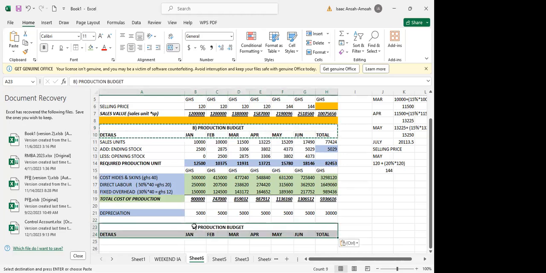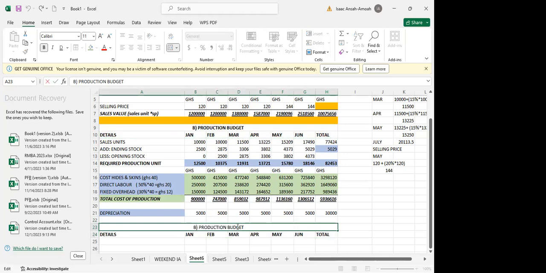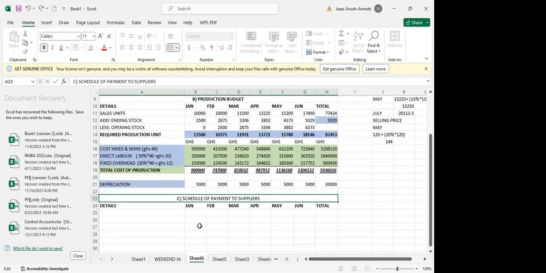So C, we're looking at, this is not a budget, this is just a schedule, right? So schedule of payment to suppliers. All right. What are we paying to suppliers? What did we buy that we are going to pay?